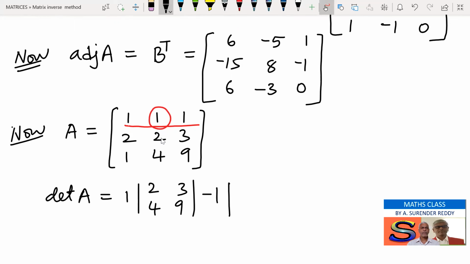And for 1, except 2, 4, the remaining 4: 1, 2, 1, 3, 9. And for the last one, except 3, 9, take the remaining 4: 1, 2, 1, 4.